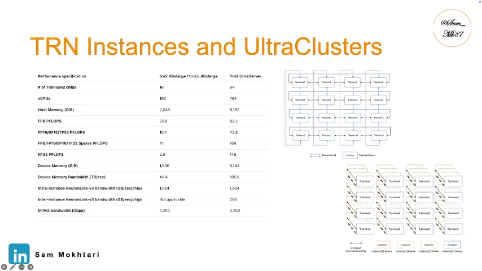Each of these instances includes 16 Trainium 2 chips, which are interconnected by Neuron Link version 3. In terms of topology, it is a 2D torus topology, which is 4x4. As you can see, that is the topology for these TRN2 instances.